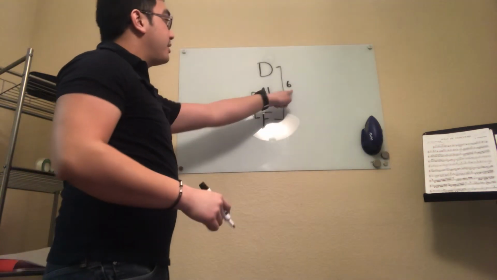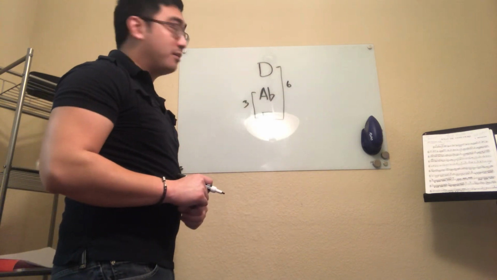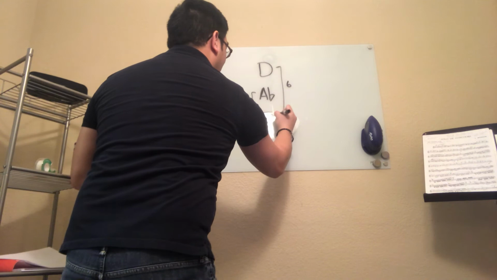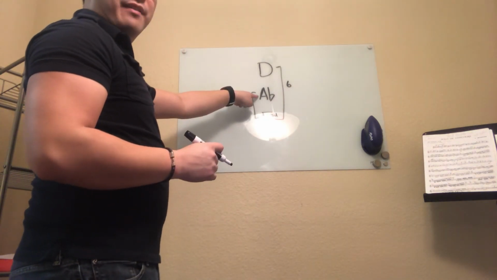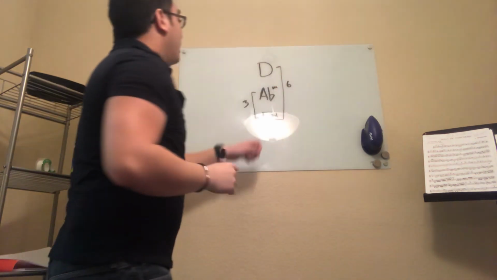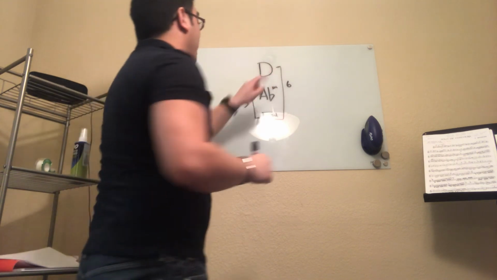A third and a sixth tells me we are in first inversion. First inversion means the lowest note is my third. This means that this is my fifth. And the sixth here tells me that this is actually my root.